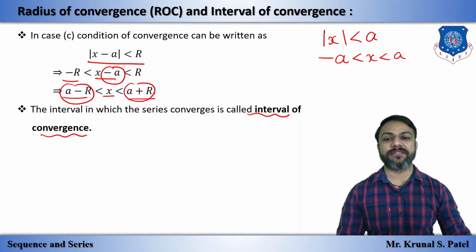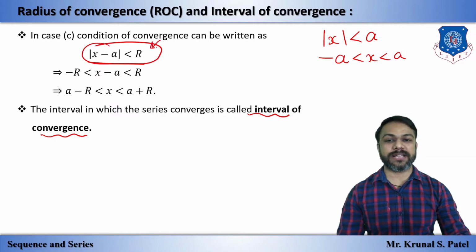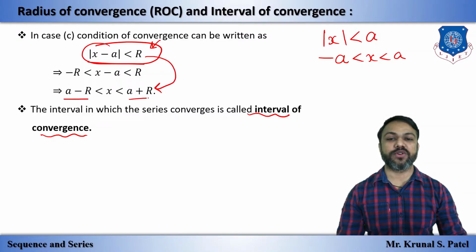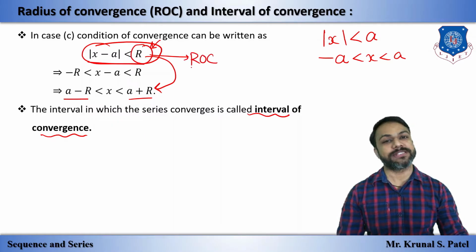This interval comes from case number 3, that means in this interval the series is convergent, and this R is known as the radius of convergence.